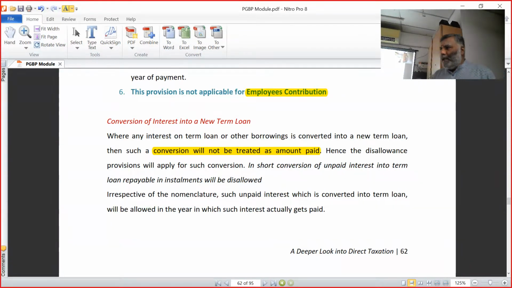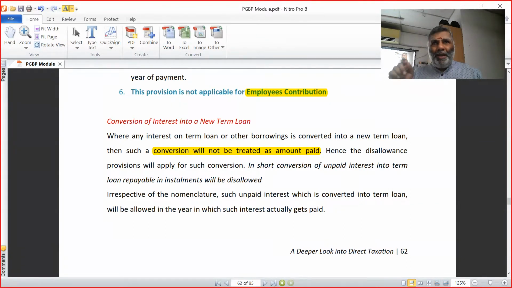Okay? Why does the law give such an explanation? First, I will tell you the difference in accounting in books of accounts as well as income tax law. In books of accounts, this interest you would have claimed in 2019-20, 2020-21, if the bank has converted it into a term loan. Are you understanding?